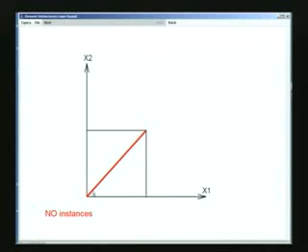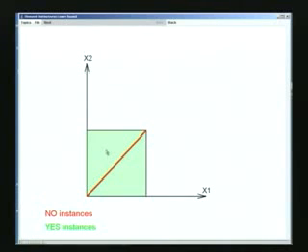Well, what are the instances which lie on this diagonal? They are simply those points whose x1 coordinate is exactly equal to the x2 coordinate. But if the x1 coordinate is equal to the x2 coordinate, then the elements are not distinct, and therefore these points on the diagonal are in fact the no instances.